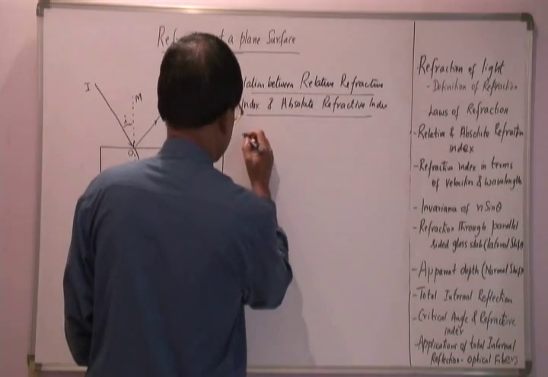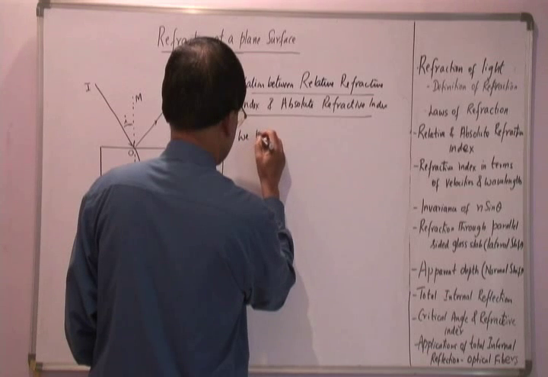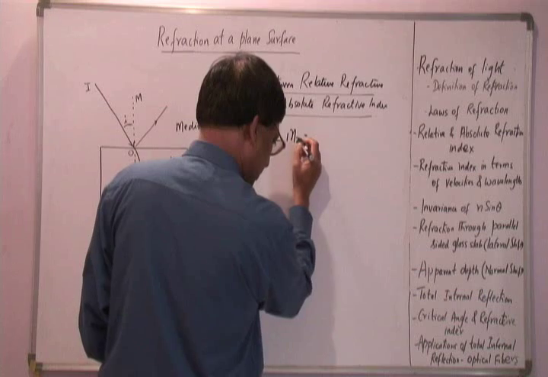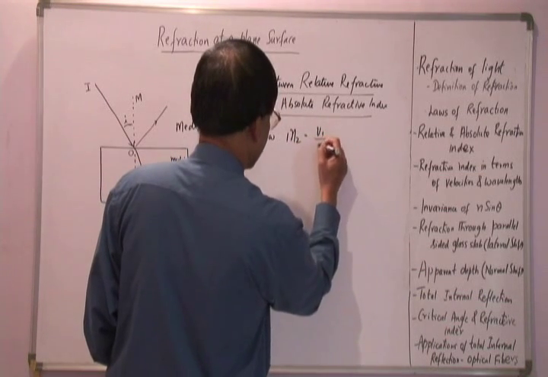We know that by definition, n 1 and 2 is equal to V1 divided by V2.